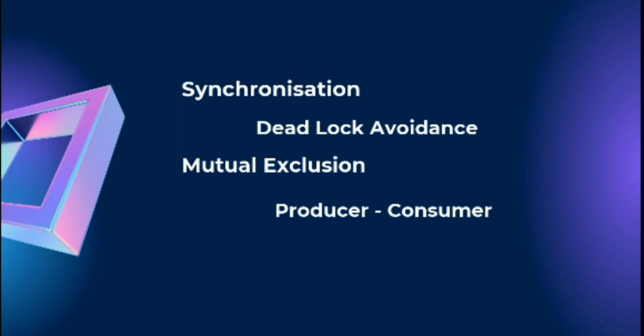Deadlock avoidance. Semaphores can be employed to prevent or detect deadlock situations in concurrent systems by carefully managing resource access. Mutual exclusion. Binary semaphores are used to ensure that only one process or thread can access a critical section of your code at a time.